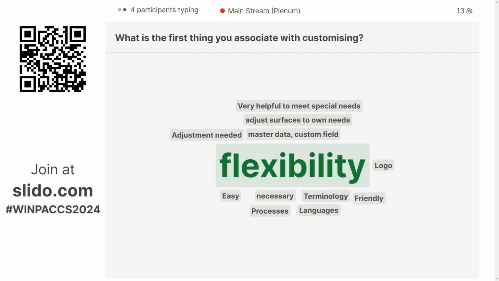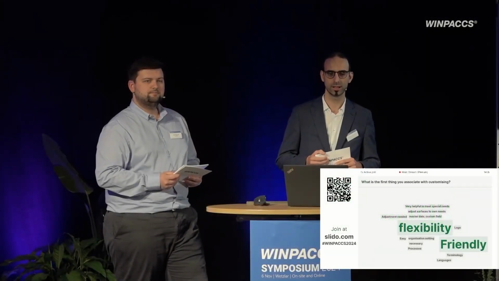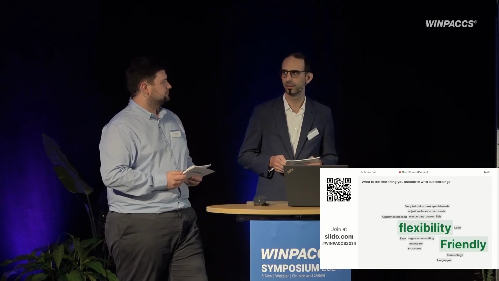Languages, okay, we'll come to this as well. There is some more typing, just wait a little more. Okay, so there seem to be some points where you need customizing, or you know that it's possible to have customizing, and we will come to many of those points in our presentation.